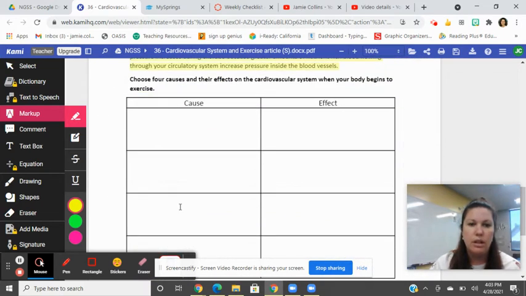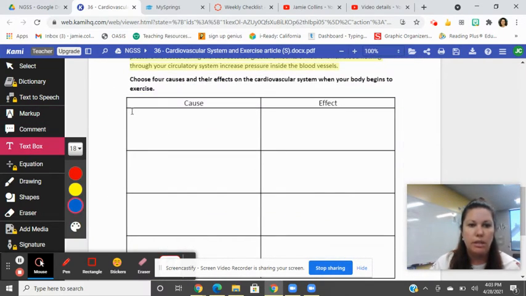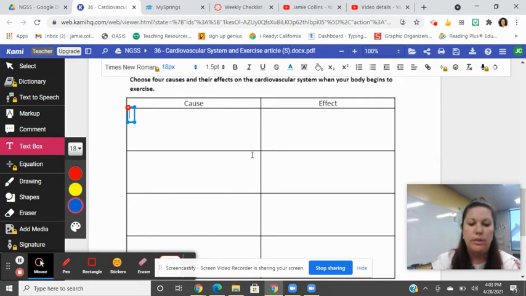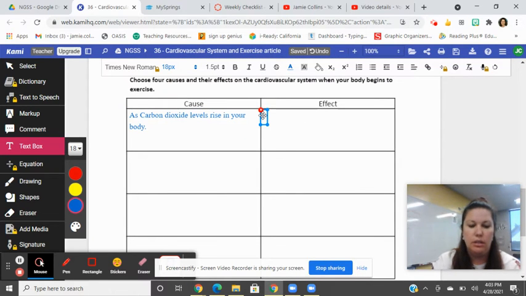I'm going to go back down here to cause, use my text box. So let's go ahead and put that as carbon dioxide levels rise in your body, and the effect is chemoreceptors send signals to your brain.